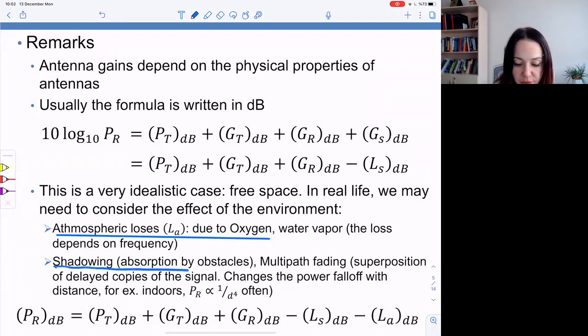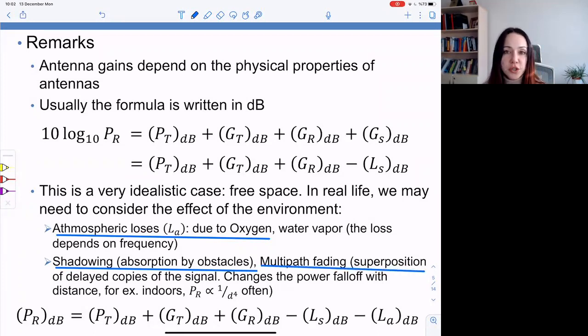There are shadowing effects, such as those caused by absorption by buildings and other major structures, hills, trees. There are multipath fading effects that are caused by the superposition of delayed copies of the electromagnetic wave as it propagates in the environment.